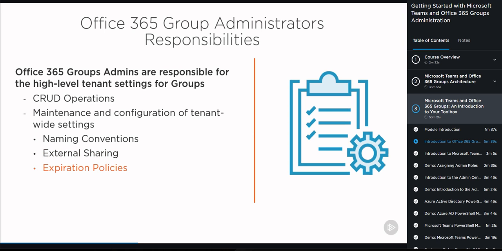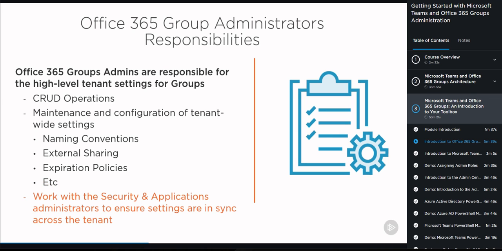The Office 365 Groups admin is also responsible for working with the security and application administrators to ensure settings are in sync across the tenant and also with their requirements as application and security admins.